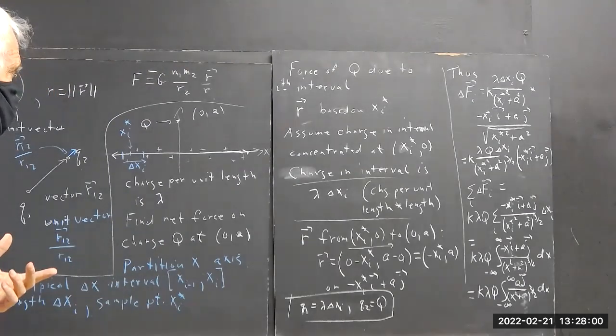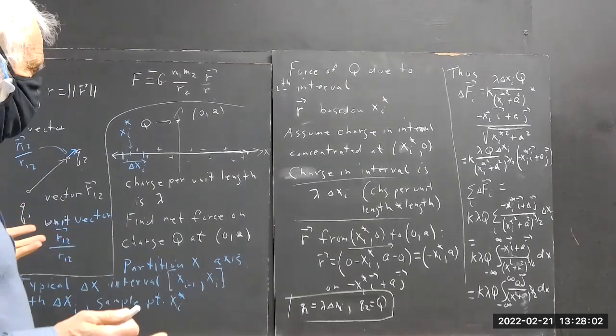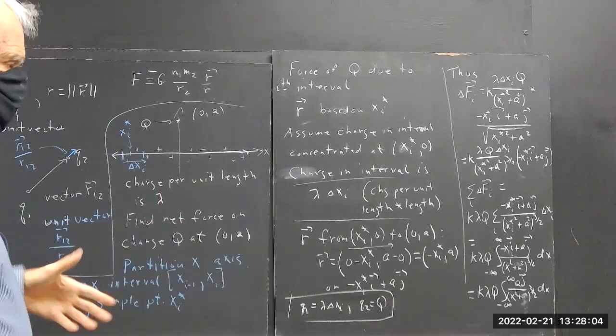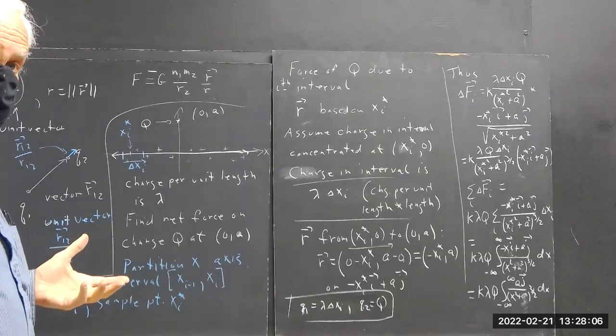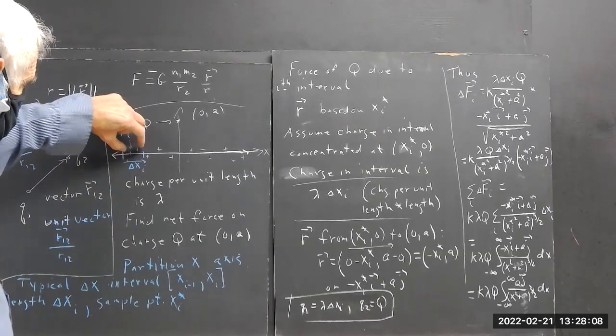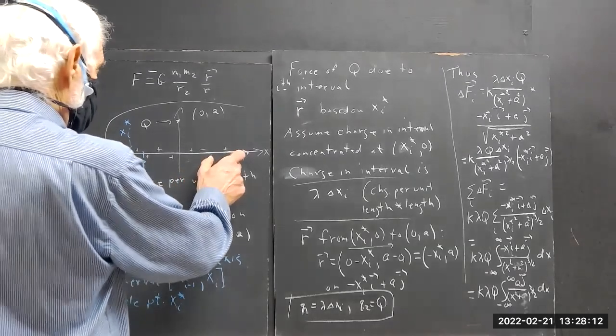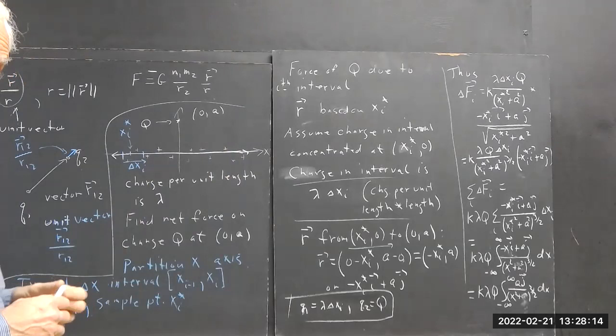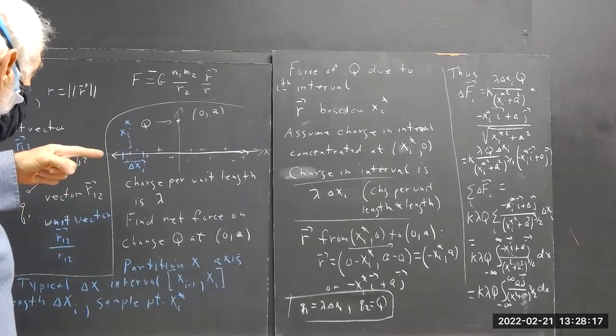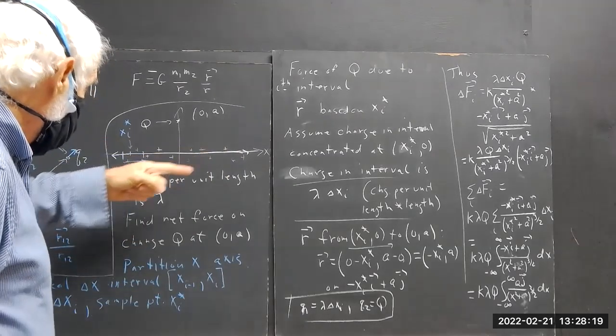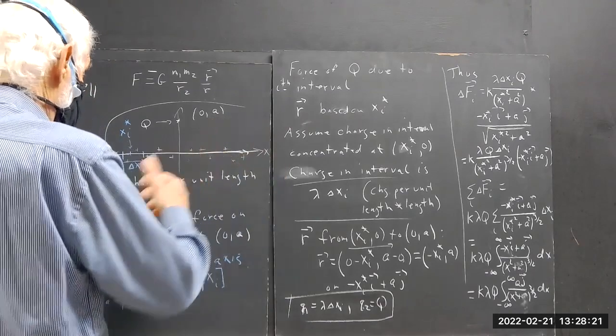Why do the xi terms go away? It's because for every interval over here, you could have an interval the same distance on this side. The x component is in one direction here and the opposite direction here.